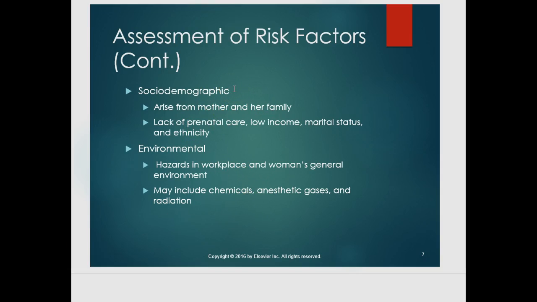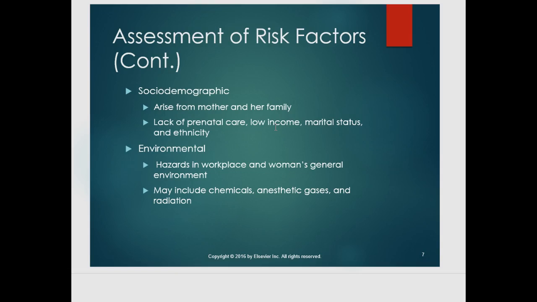Socio-demographic, you guys: your demographic set tells us if you're at risk, arising from the mother and her family. Of course, if there's a lack of prenatal care, that puts her at high risk. We don't know her condition or the baby's. Low income puts them at risk for not being able to have a good nutritional setup for diet.